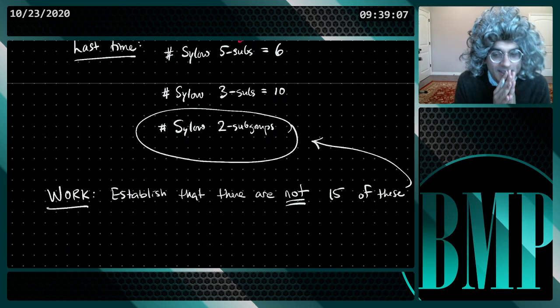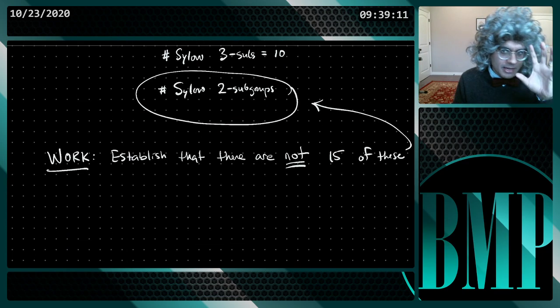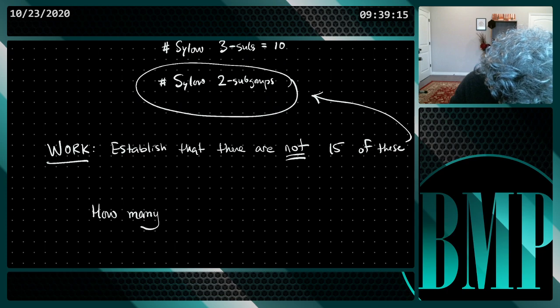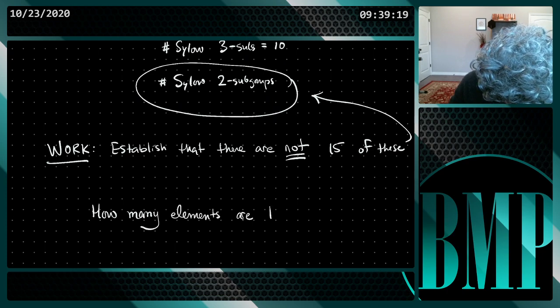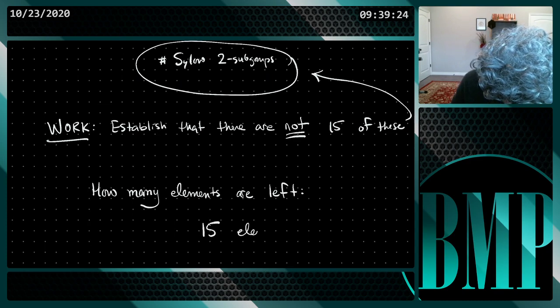Okay. So, 15 of these. How many elements? Let's think about this. There are 15 elements left.